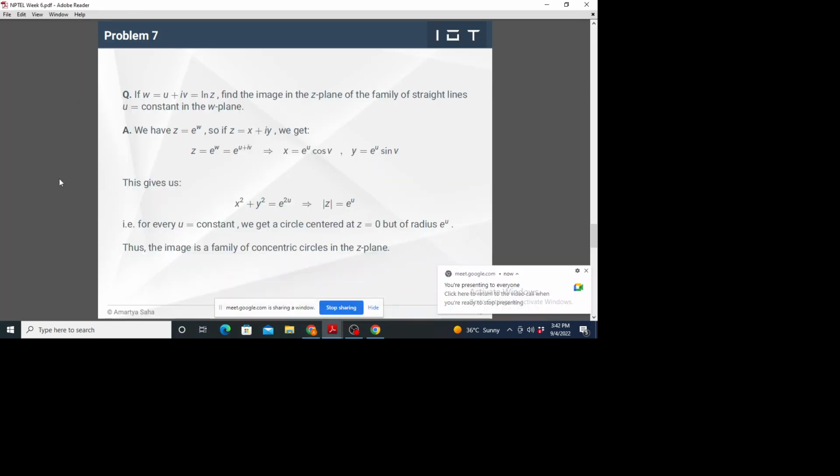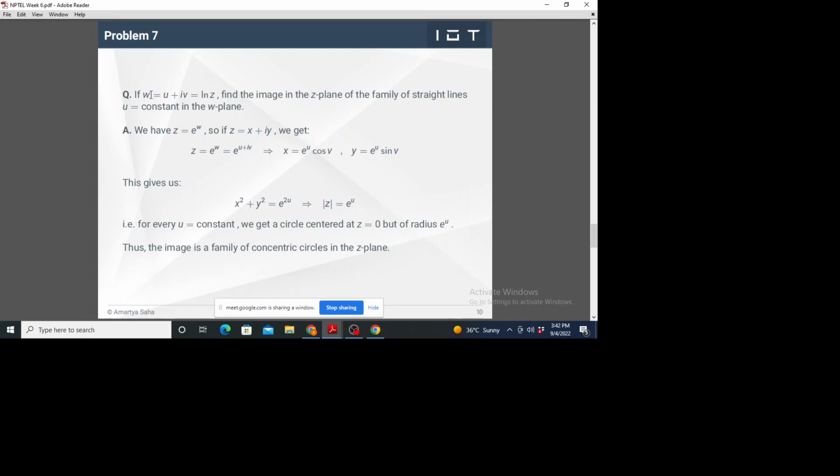So the next problem. These last two problems, of course the concept is the same, but what we have to find is a little different. We are concerned with some families of curves. Earlier we were given a region or a single curve, but here we are given a family of curves. So first look at the conformal transformation.